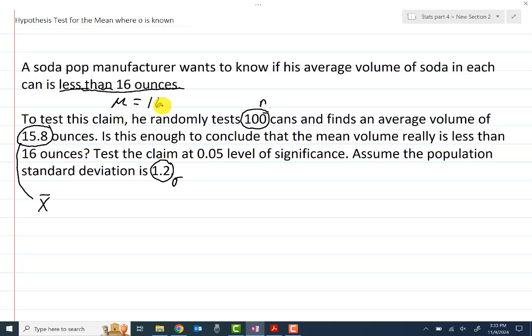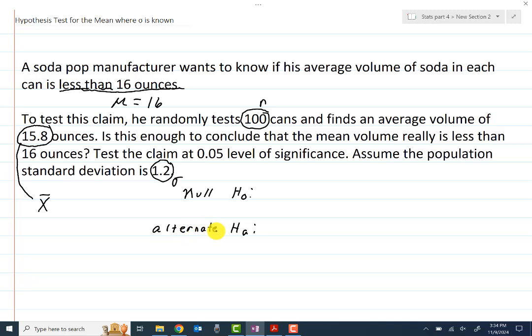Now here's how you set up a statement. I write two things down, H sub 0 and then H sub A. These are referred to as the null and alternative hypotheses. The first one is called the null hypothesis, and the second one is the alternative.